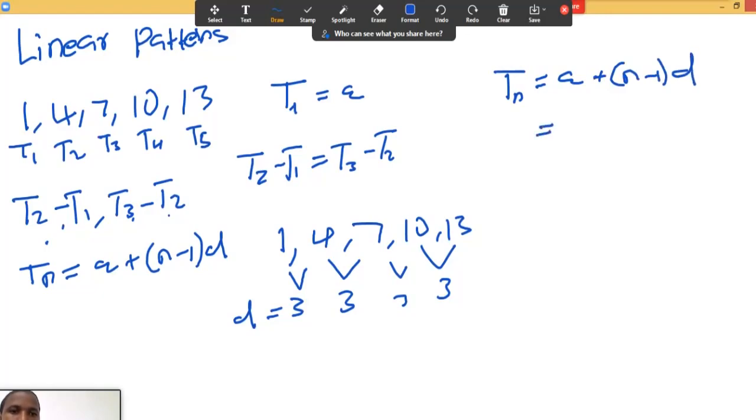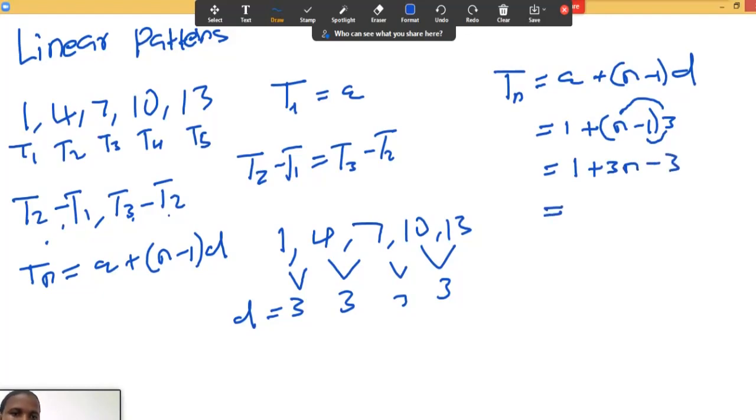Our a in this case is 1, which is the first term, plus n minus 1, and the difference is 3, so we multiply by 3. So we have 1 plus, we multiply 3 with n and 3 with minus 1, so we have plus 3n minus 3.